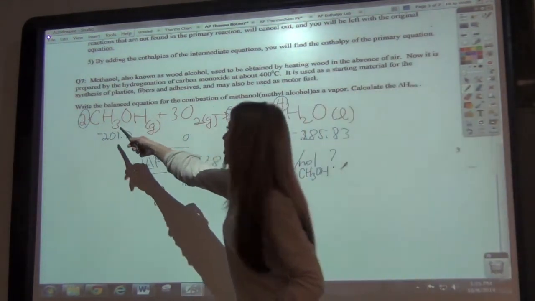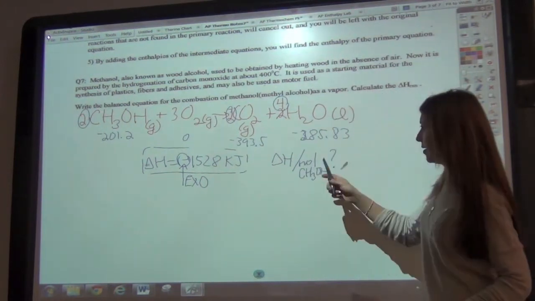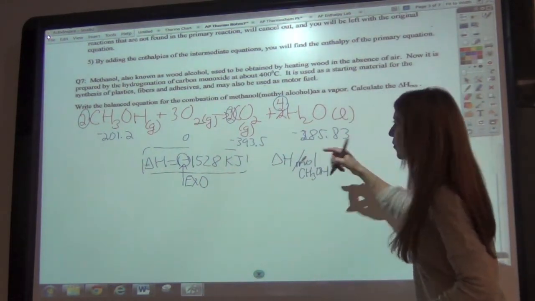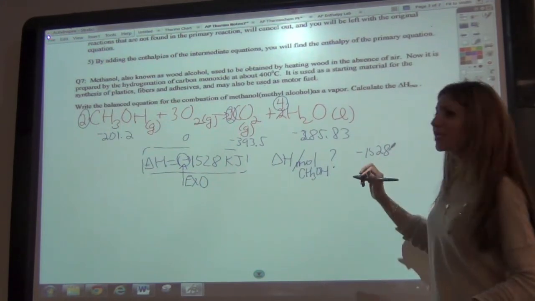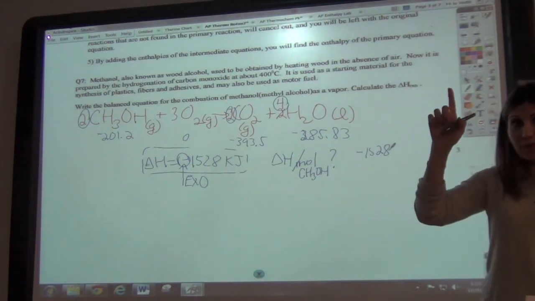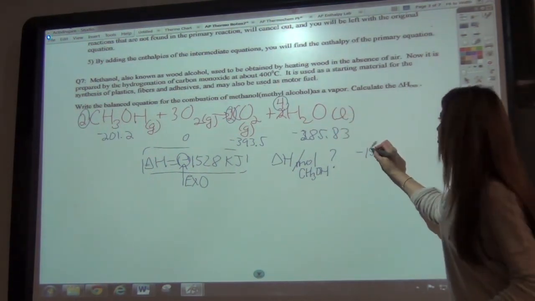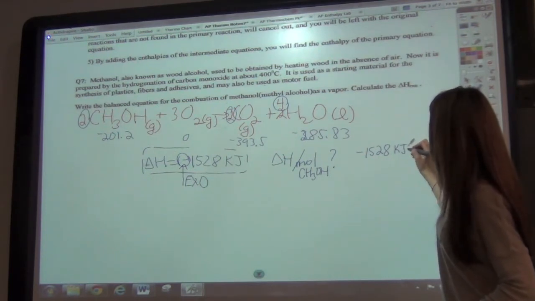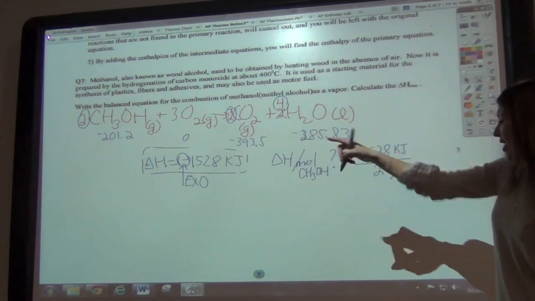Perfect. This reaction is for 2 moles of CH3OH. But if we only want it for 1 mole of CH3OH, then we're going to divide this number, negative 1528. You can do it as a bridge problem: it's negative 1528 kilojoules for 2 moles, so I want to divide it by 2.